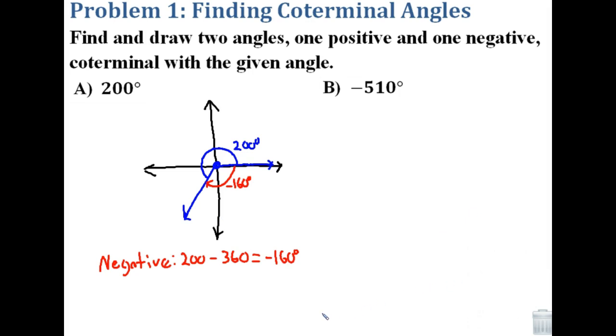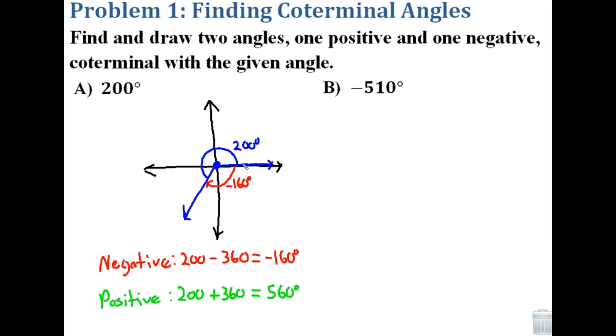We also want to find another positive one. What I can do to get my next positive angle is take the original 200 degrees, and instead of subtracting 360, we'll add 360 to it. We'll add a rotation. So 200 plus 360 gives me 560 degrees.